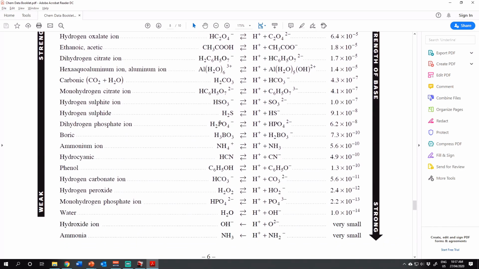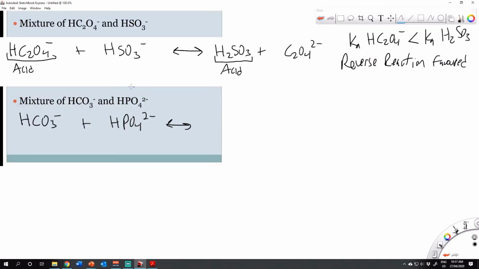It's way down here. HPO4 2- is also pretty weak, which is down here. It looks like the HCO3- will forcibly give the HPO4 2- its hydrogen to become CO3 2-. So this is my acid, and on the other side this is my acid.